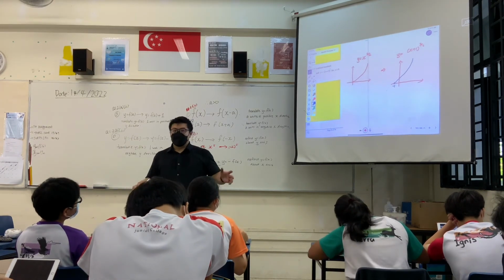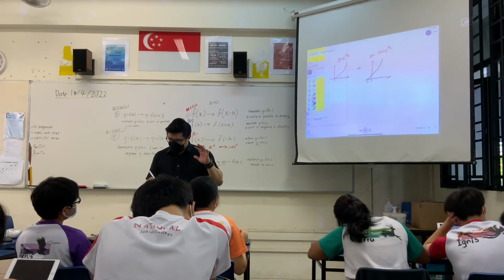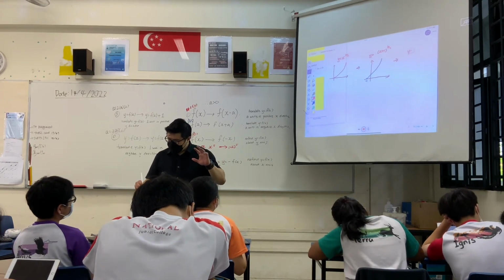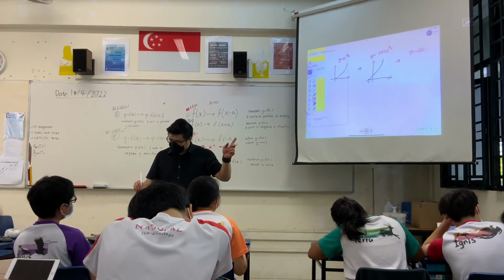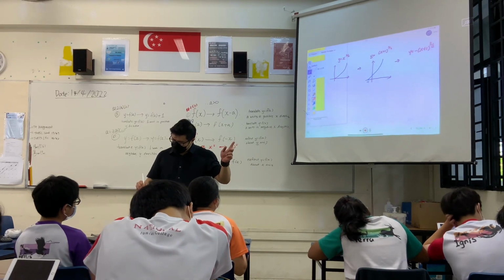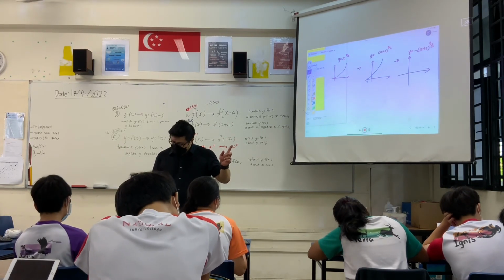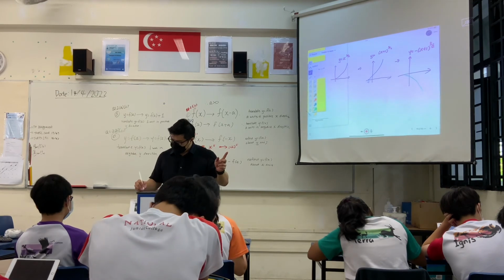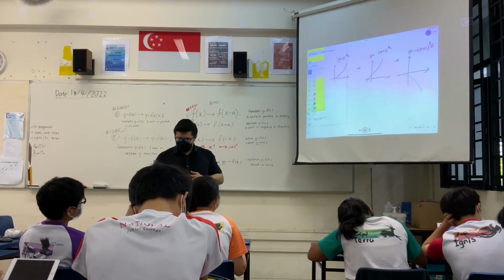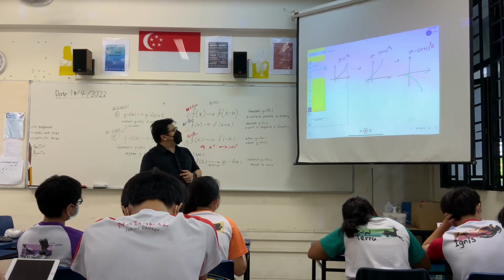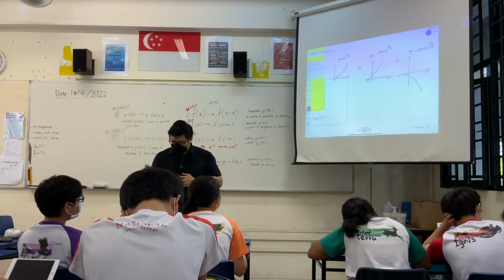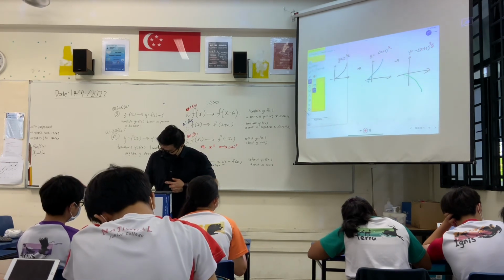Negative 1. Then if you draw it shifts 1 unit, negative x plus 1 to the power of 3 over 2. But they only want us to draw x more than 0, so I erase this part.